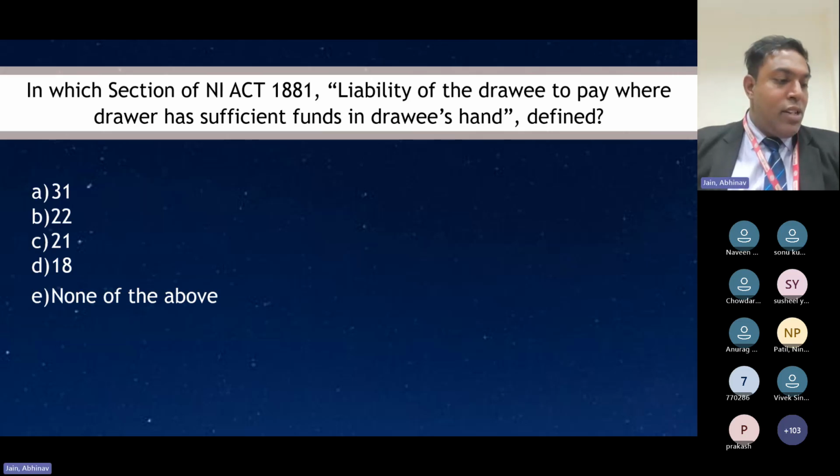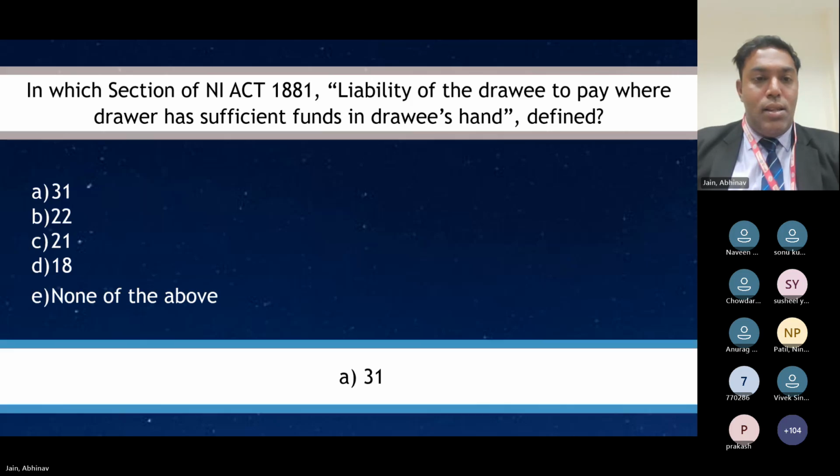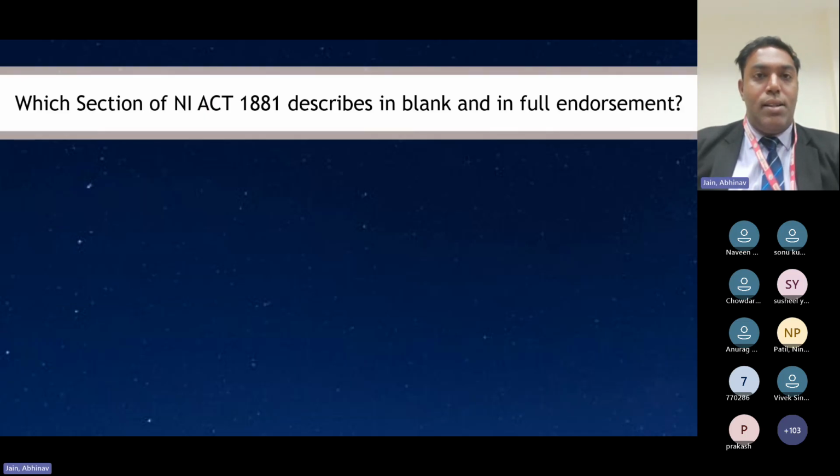Some are writing section 31, some are writing section 18. Section 31. The correct answer is not D. It is section 31. Liability of the drawee to pay where the drawer has sufficient funds in the drawee's hand is defined under section 31 of NI Act.